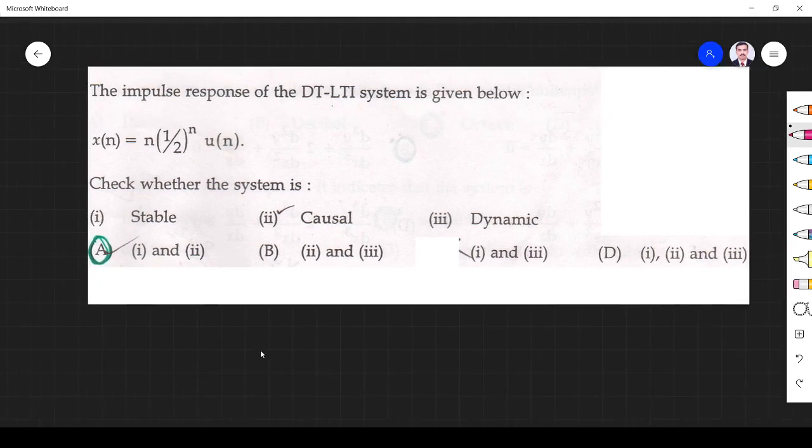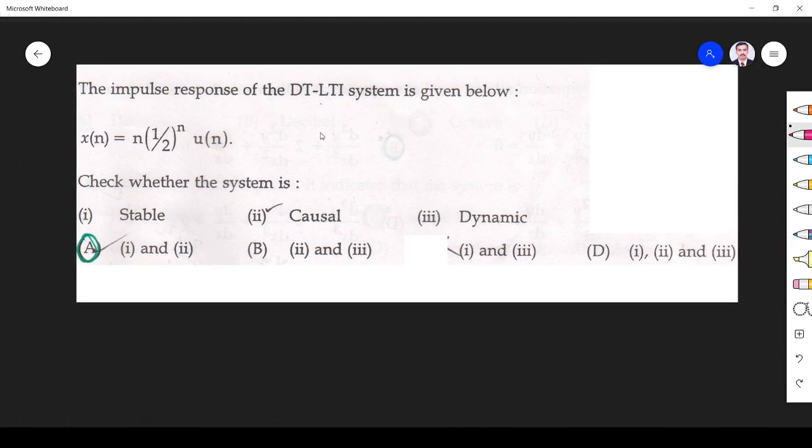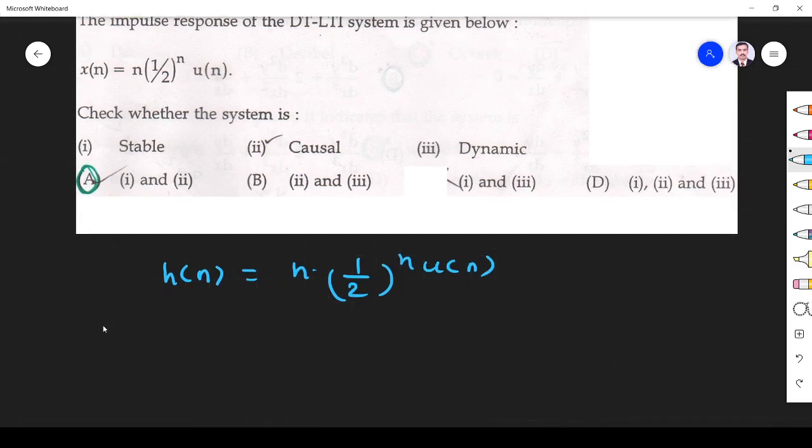Okay. The impulse response of a DT LTI system is given by, impulse response I consider as h of n, right? They have given x of n, but we write h of n in the general format, n into 1 by 2 power n u of n. Whether the system is stable, causal or dynamic. So whenever they give this, we can solve this problem in two methods. Here I take the transform of this one, right?